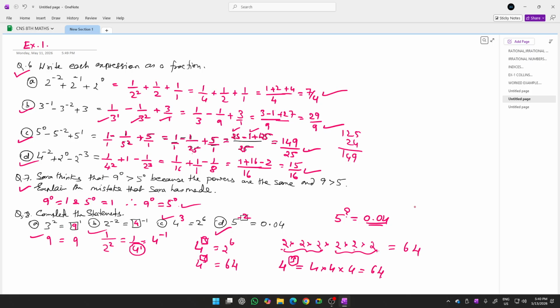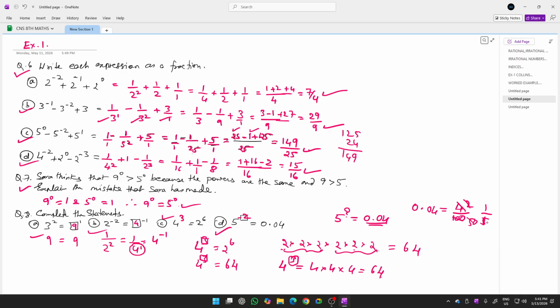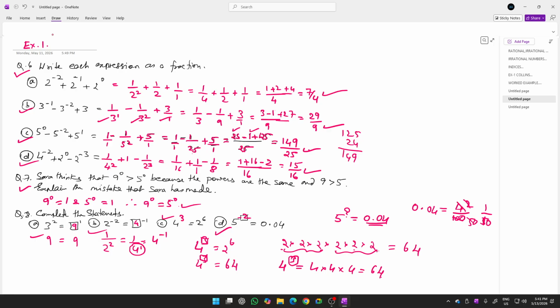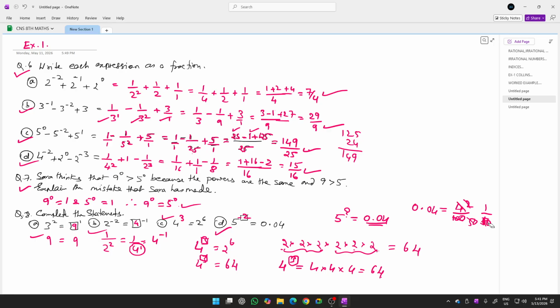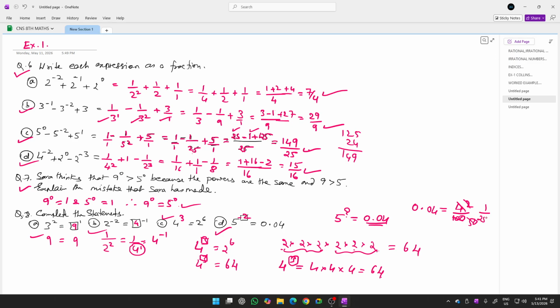This can be written as 4 upon 100. 4 upon 100 can be written as 2 upon 50, and 2 upon 50 can be written as 1 upon 25. So 0.04 can be written as 1 upon 25.